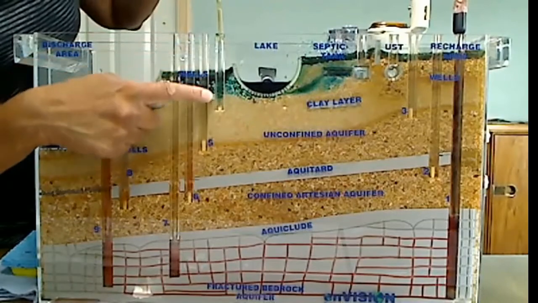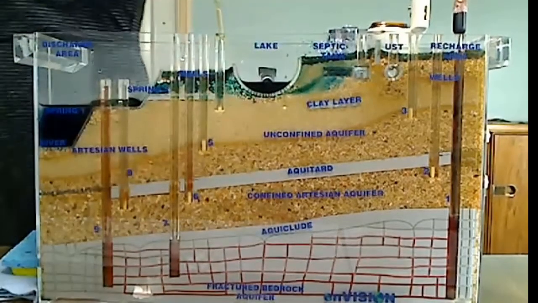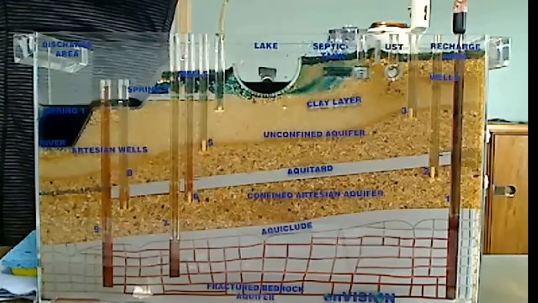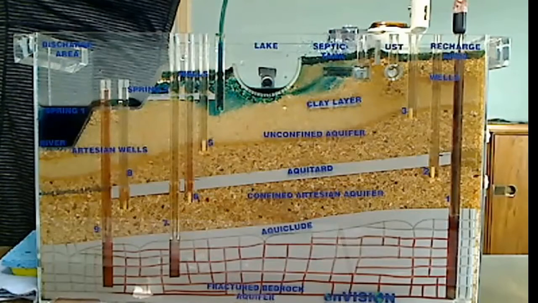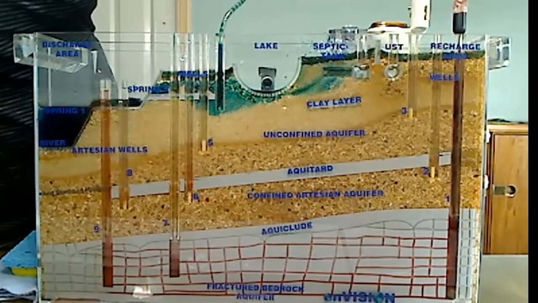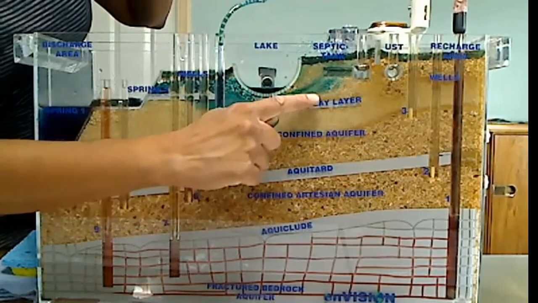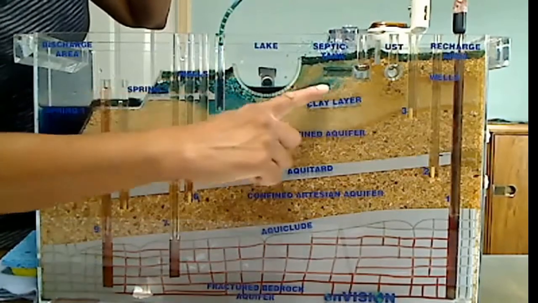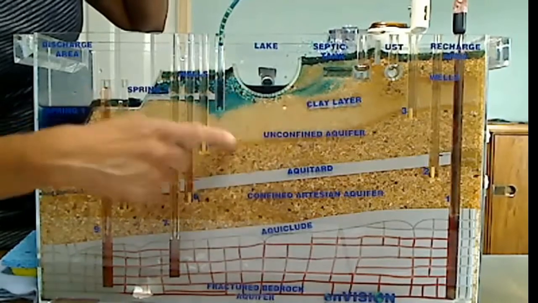Then if you point your attention to this well here, which is across the lake from where that food coloring was deposited, you can see how this well pulls the groundwater that's being stored from some distance away from the well.